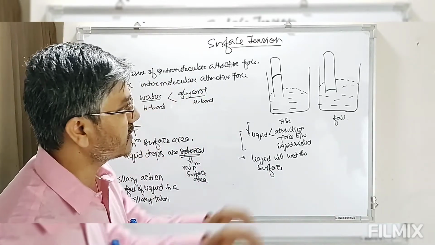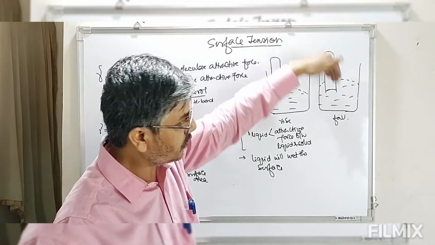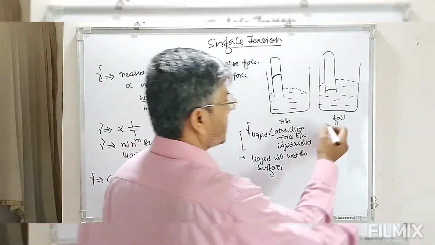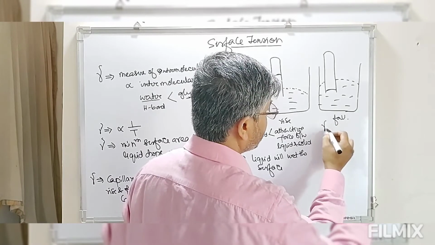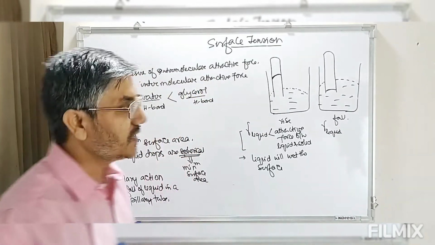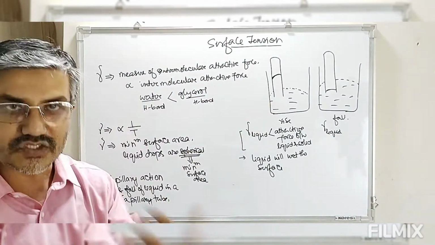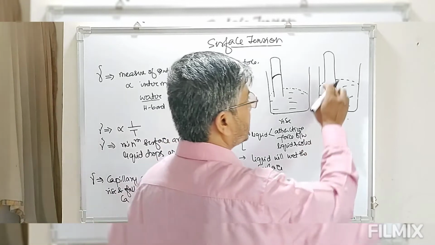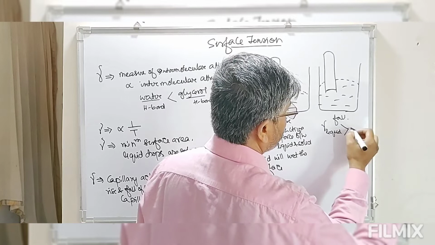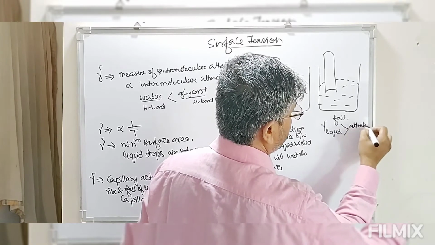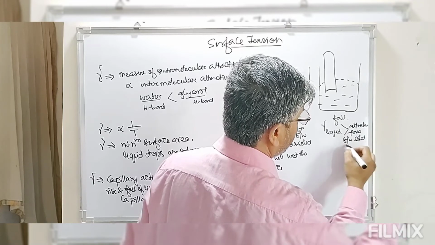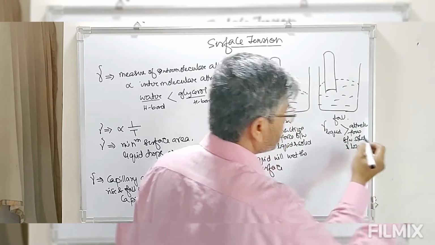On the other side, look at this. When there is a fall in the level of liquid in the capillary tube, this is possible when the surface tension of the liquid, or the intermolecular attractive force between the components of the liquid, is stronger or greater in magnitude than the attractive force between the solid and the liquid.